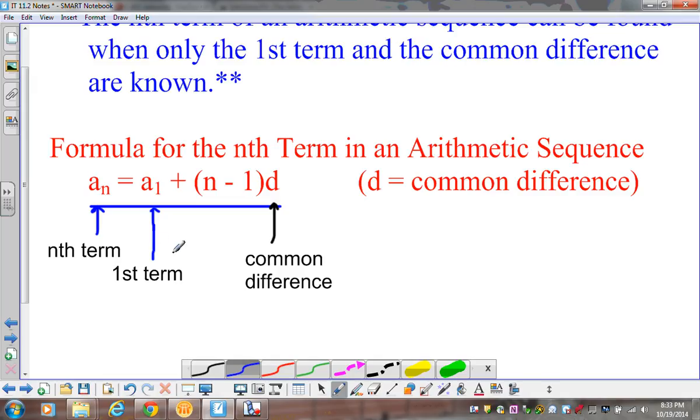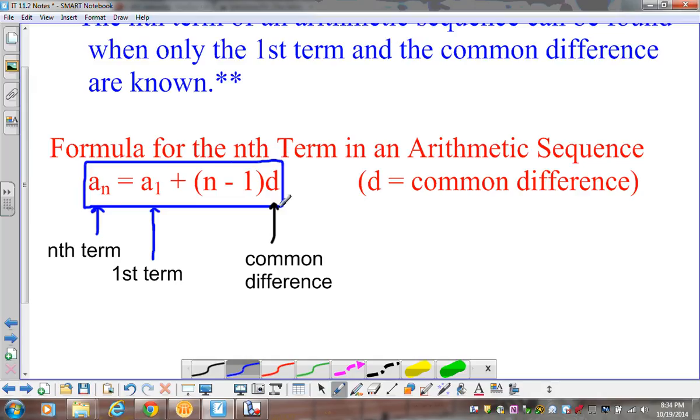Depending on what they give you and what you're solving for will determine what pieces you substitute in. So a sub n is my nth term, a sub 1 is my first term, n is the term number I'm looking for, and d represents my common difference. If I was looking for a sub 10, my n value would be 10.